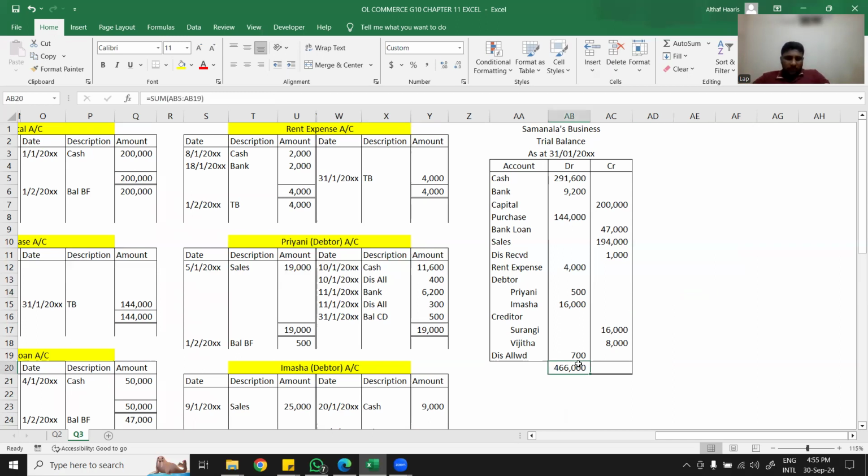Balancing, no? It's balancing for 466,000.